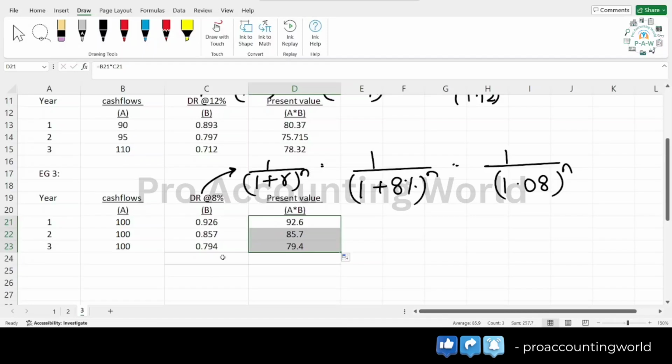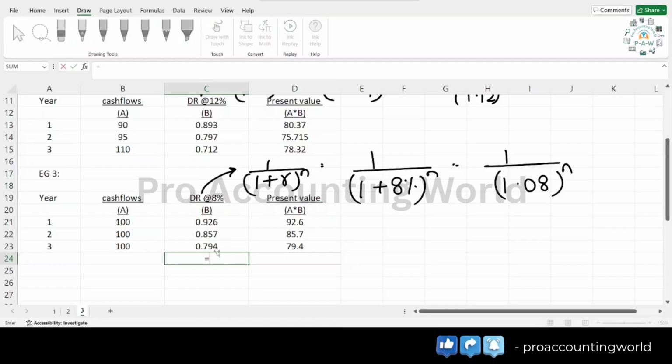Now let us understand how the PVAF concept works here. So let us add the discount rates for 3 years. If you add 0.926 plus 0.857 plus 0.794, it comes to 2.577.